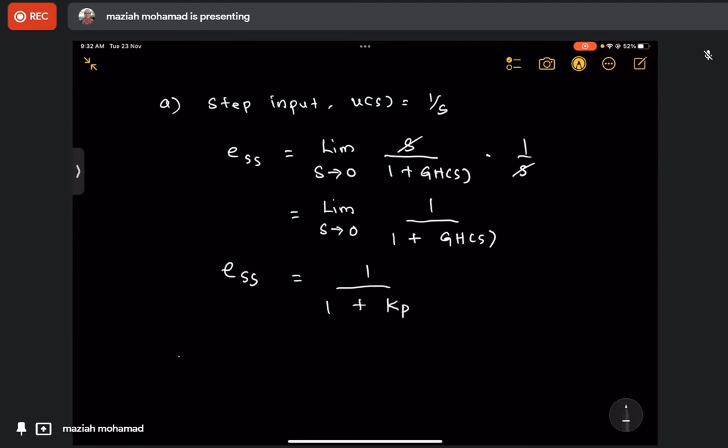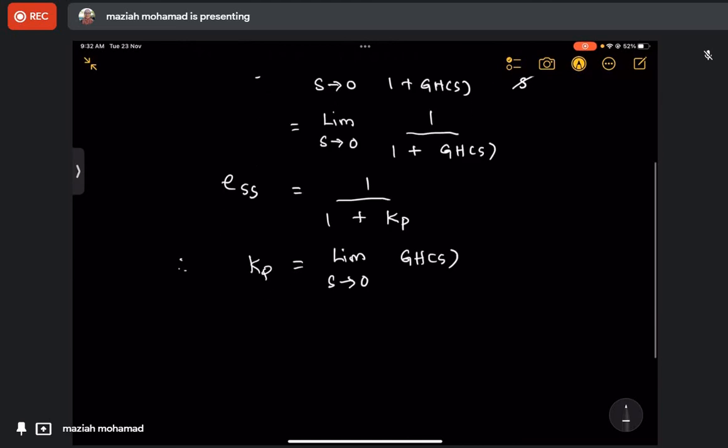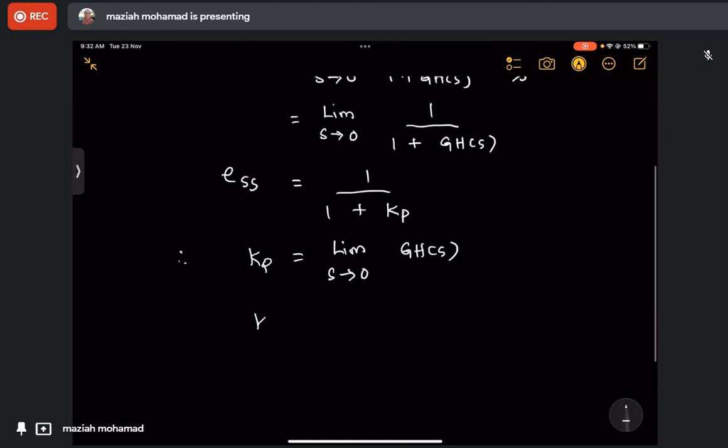Where Kp is equal to limit S goes to 0 of GHS. The name for the Kp is displacement error constant.